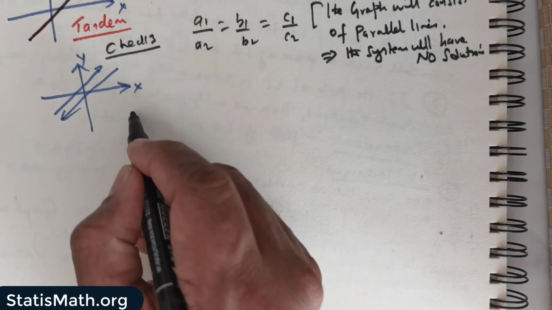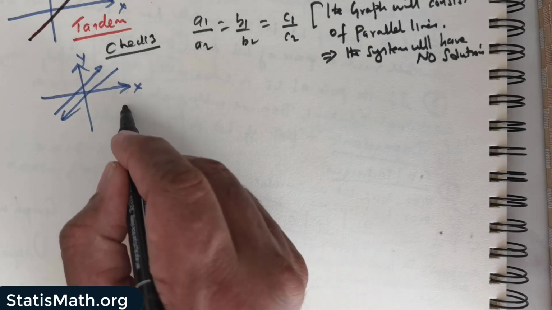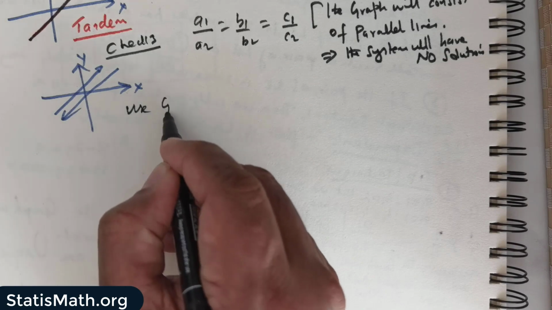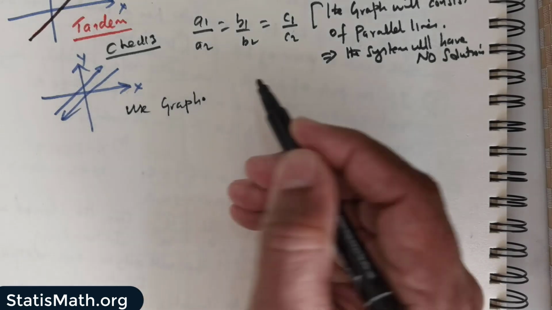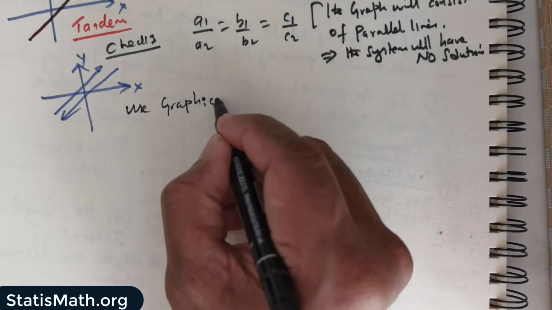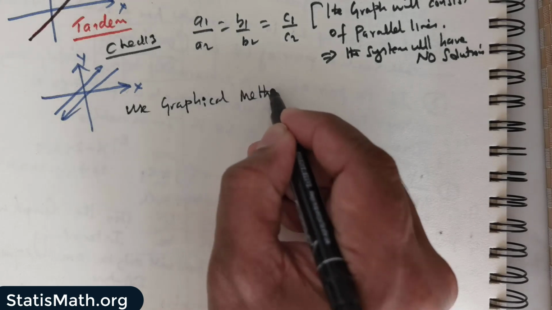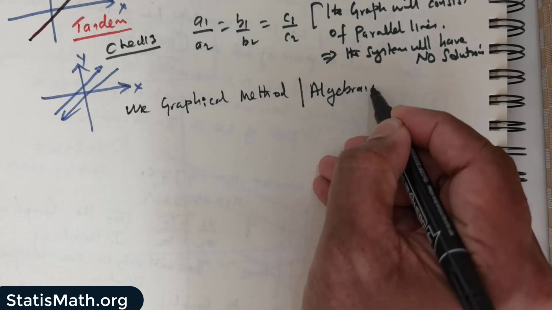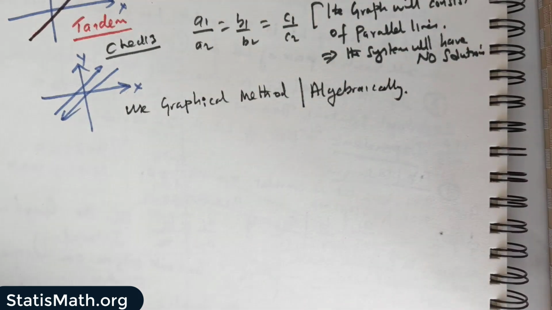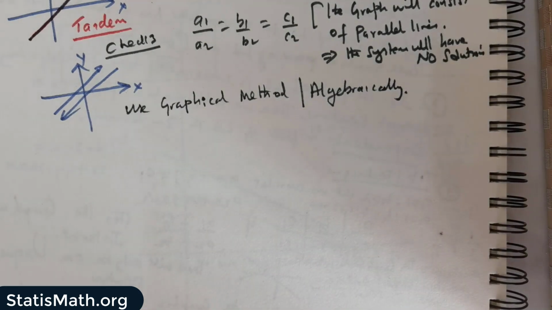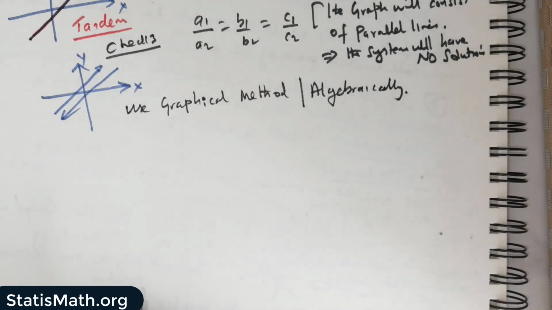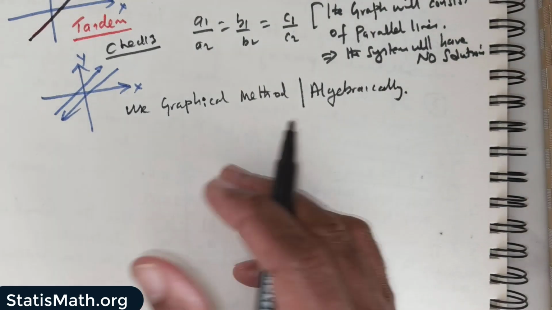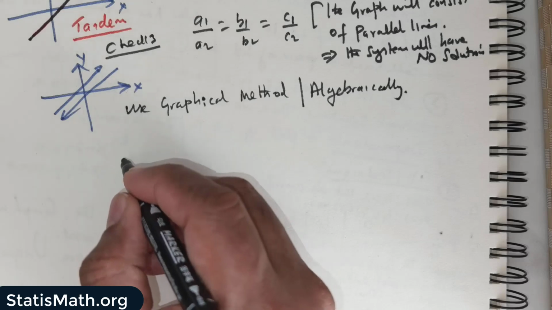Now you might be asked to use either the graphical method or the algebraic method. So they can ask any of these two things, either graphical or algebraic. I'm going to show you how to do both ways.